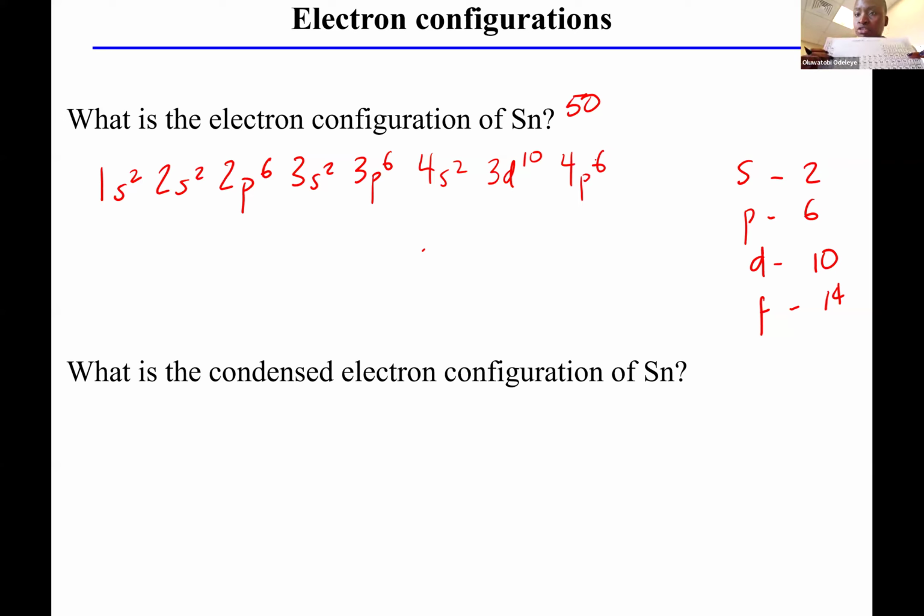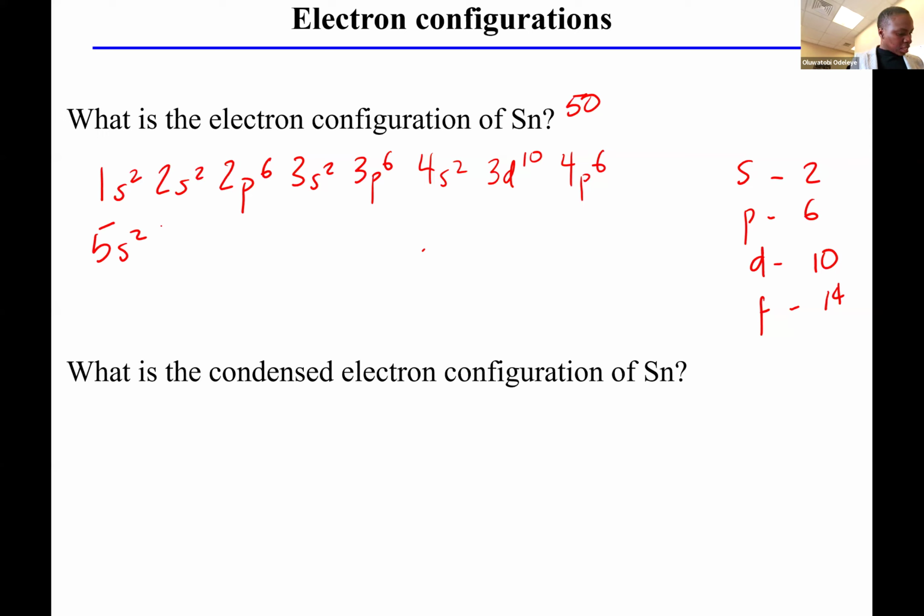And then I hit my transition elements, and that's my D, and there are 10 electrons. 1, 2, 3, 4, 5, 6, 7, 8, 9, 10. And then I hit my 4p orbital. Okay. And then I go to 5s2.